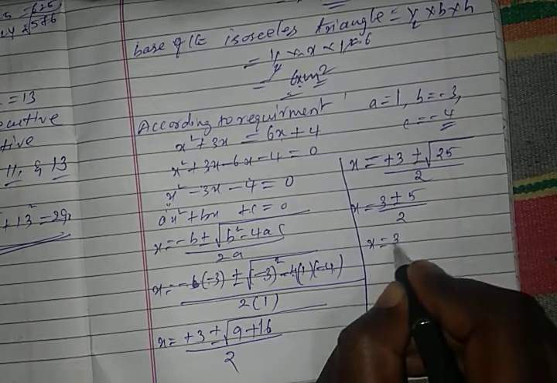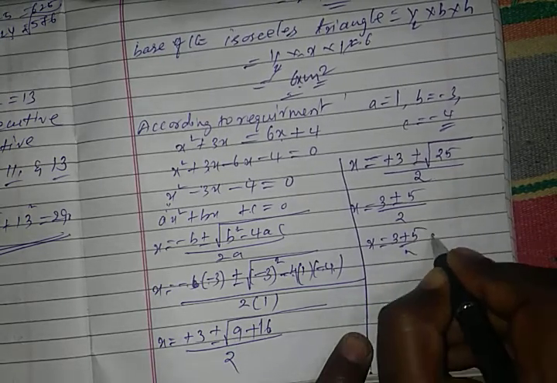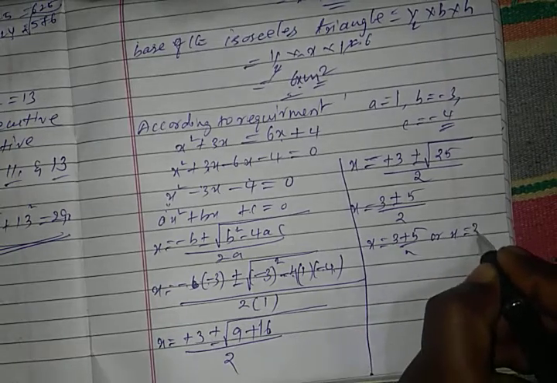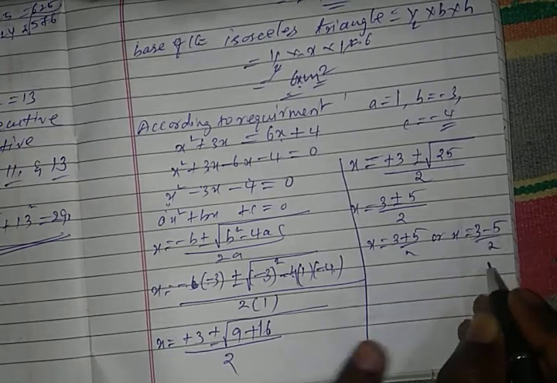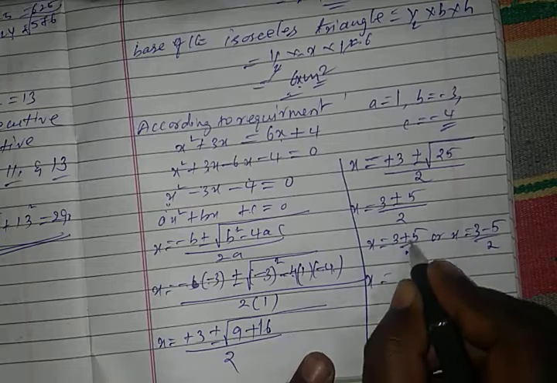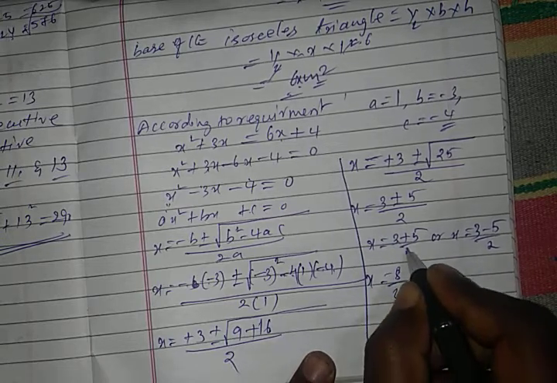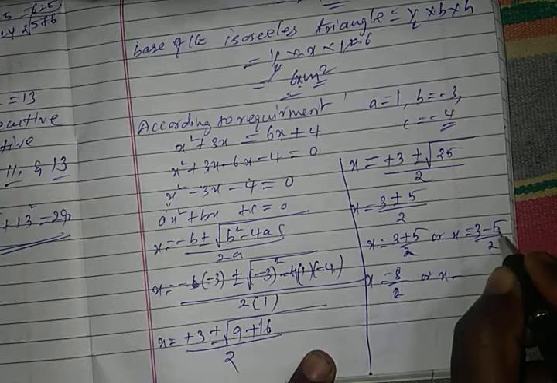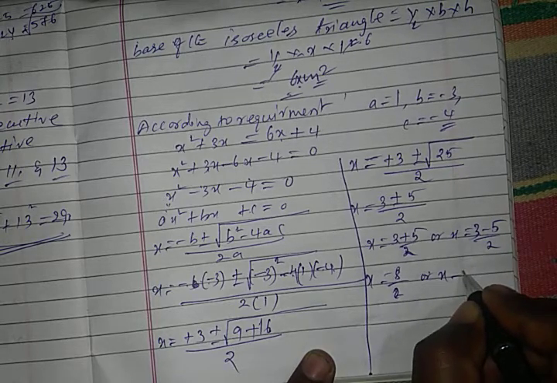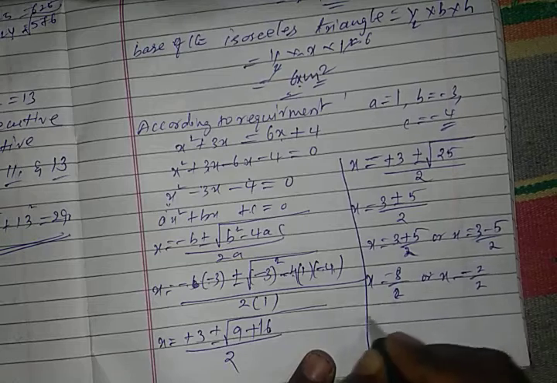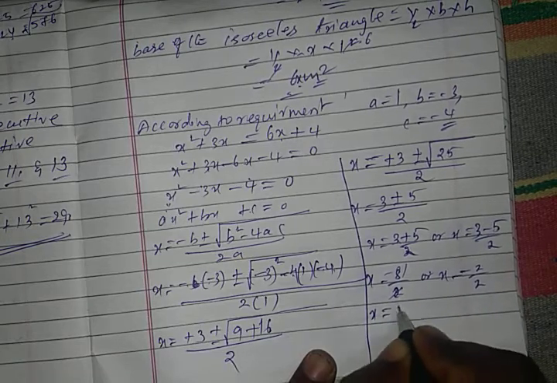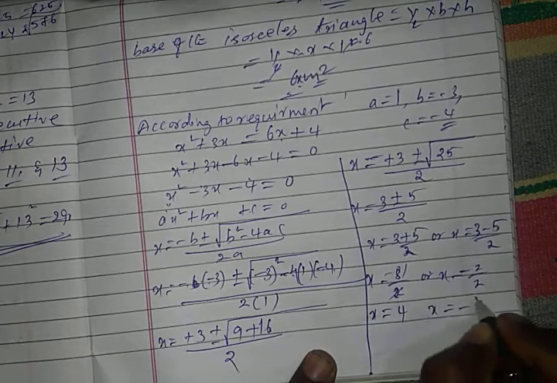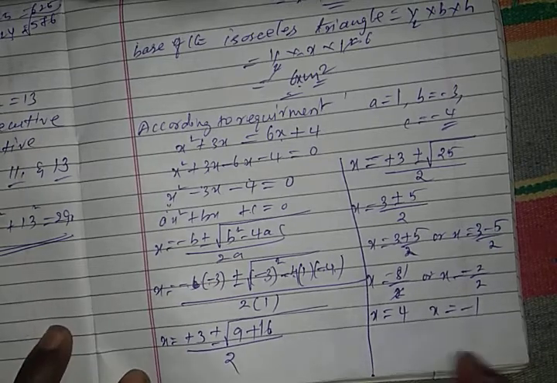Square root of 25 is 5. Then x is equal to 3 plus 5 divided by 2, or x is equal to 3 minus 5 divided by 2. So x is equal to 3 plus 5, which is 8, divided by 2, or x is equal to 3 minus 5, which is minus 2, divided by 2. So x is equal to 4, and x is equal to minus 1.